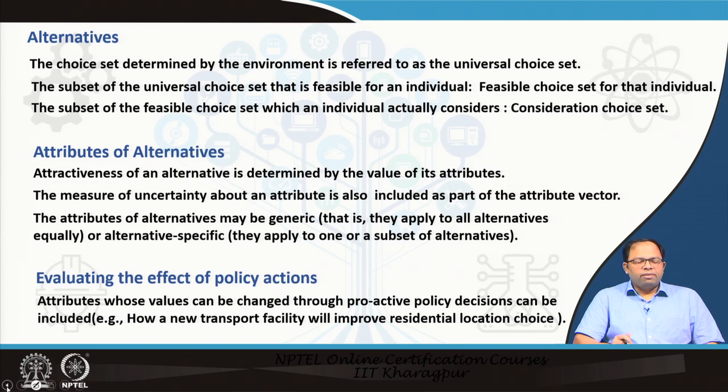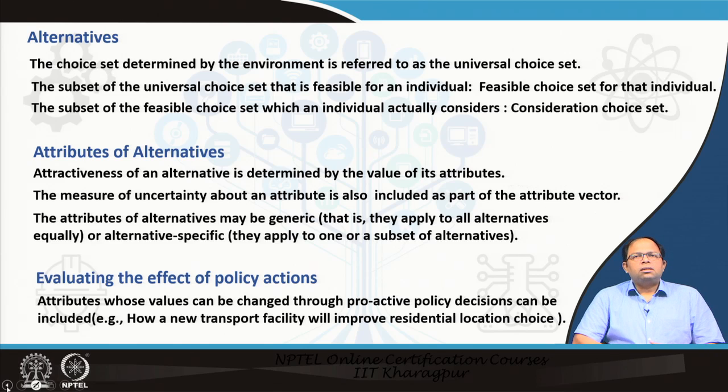There we will have an alternative specific variable, which is access time to the transit stop, only for the transit alternative. So out of these three alternatives, maybe car, maybe two-wheeler, then transit, for transit there is an extra variable in addition to time and cost of travel. This is the time to reach the stop. So that's the alternative specific variable.